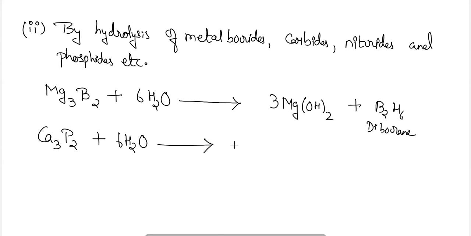The hydrolysis of calcium phosphide, Ca3P2 plus 6H2O, forms calcium hydroxide with PH3, that is, phosphane.